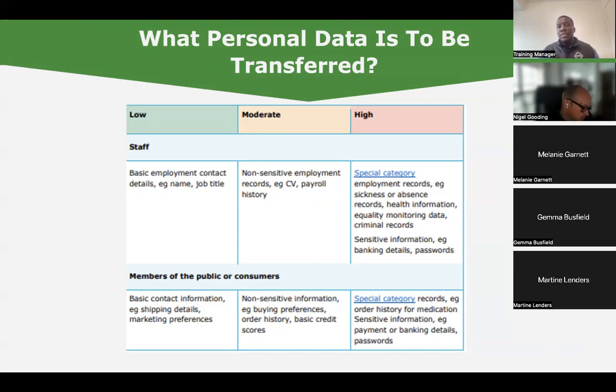So here we have a sample. Bear in mind, this is an extract from the UK ICO's guidance, but they say, and we are saying for emphasis, that it is intended only as an example, as a guide in abstract. It's not intended to be dragged and dropped into a transfer risk assessment, because as Nigel said, it's heavily dependent on context, right? So a person's name might ordinarily be low risk data.